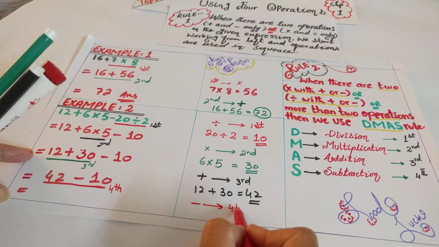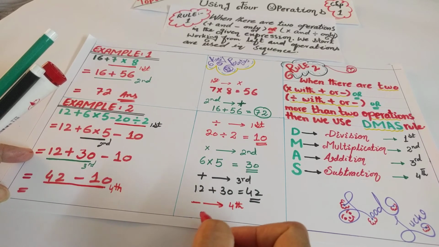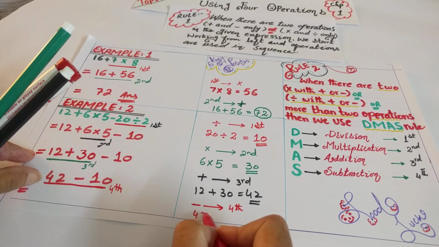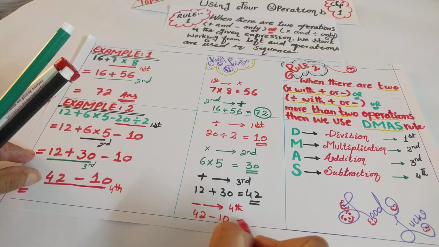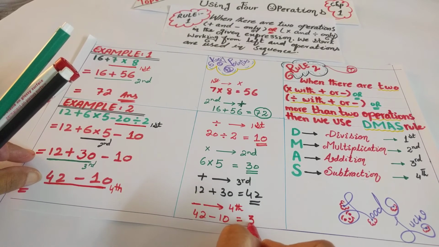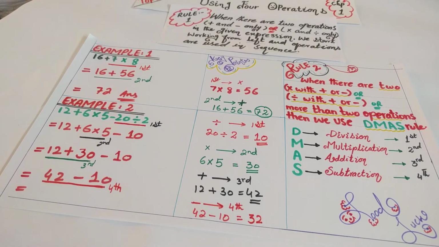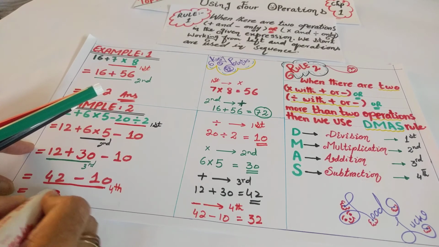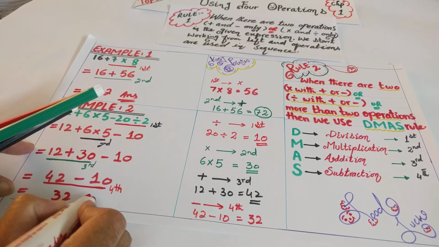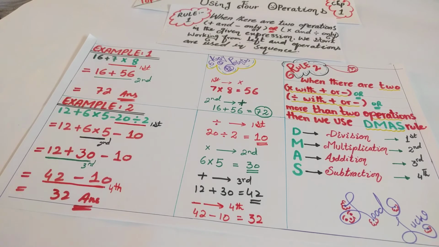Fourth one is subtraction. What's in subtraction? 42 minus 10. 42 minus 10 is equal to 32. So our answer is 32. Clear? Very easy.